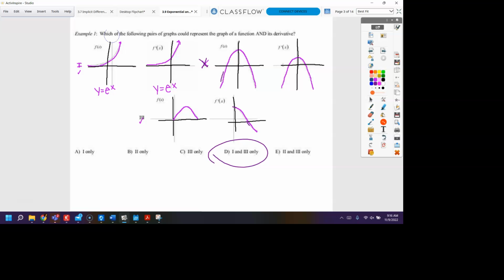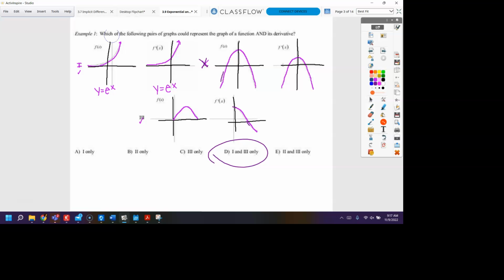So that leads into today, because as you see, I labeled 1 and 2 as y equals e to the x. What you should notice is that if y equals e to the x, its derivative is also, yes.